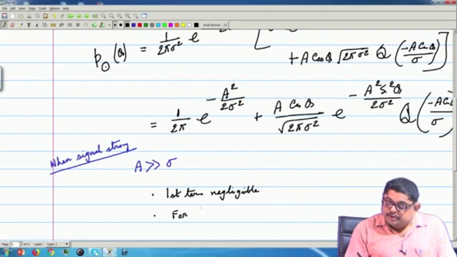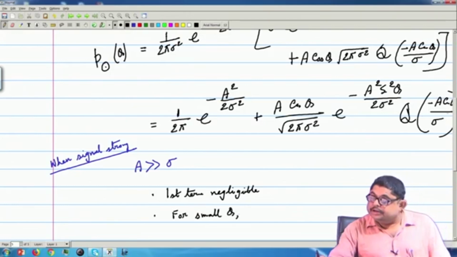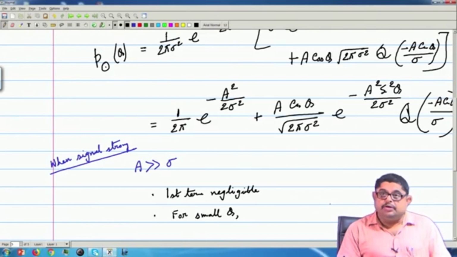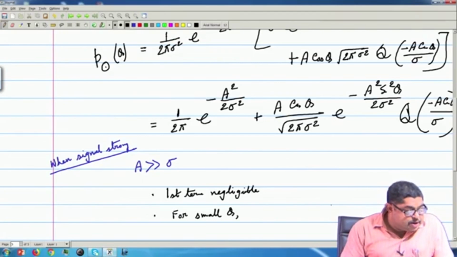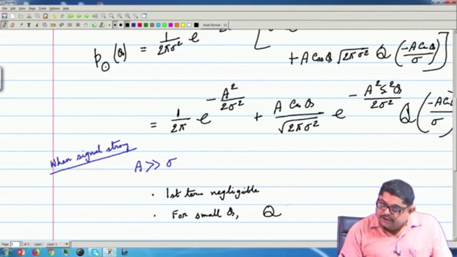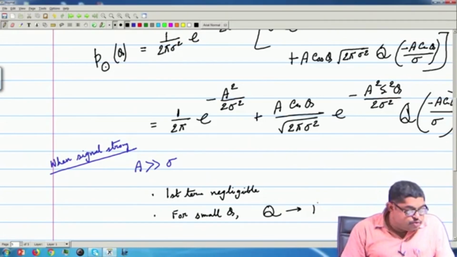For small theta, this Q of minus A cos theta by sigma is 1. So, that Q function almost for small theta goes to 1.